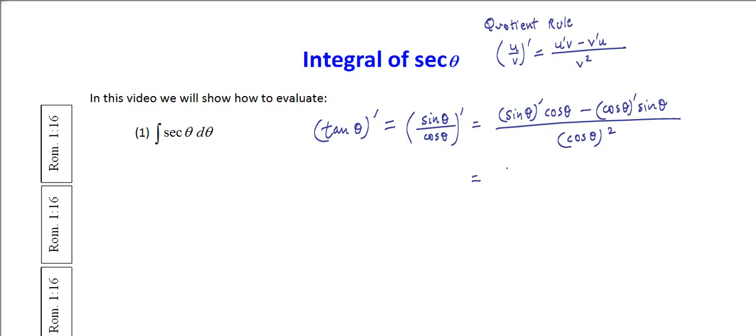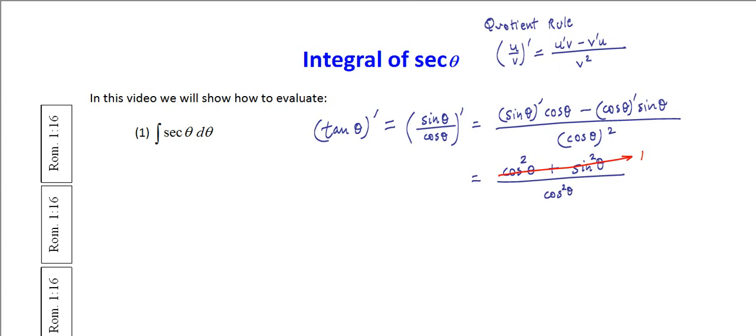Sine theta's derivative is cos theta, so we have cos theta times cos theta, that's cos squared theta, minus, now cos theta's derivative is minus sine theta, so a minus times a minus sine theta becomes a plus, so that sine theta times sine theta is sine squared theta, over cos squared theta. And you probably recognize that the numerator is 1 from the trig identity sine squared theta plus cos squared theta is 1.